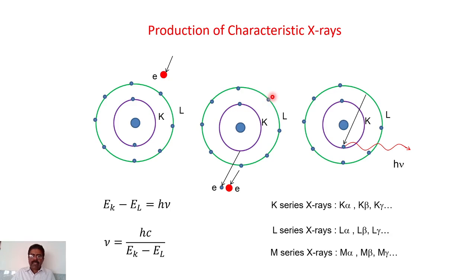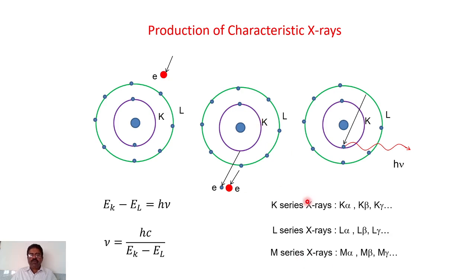Since this electron from the L shell is displaced, that will be an L series X-ray. That is how you can specify an X-ray as K series, L series, M series, N series, and so on, depending upon from which shell the electron has been displaced. Accordingly, this nomenclature is used: K series X-rays, L series X-rays, and M series X-rays.